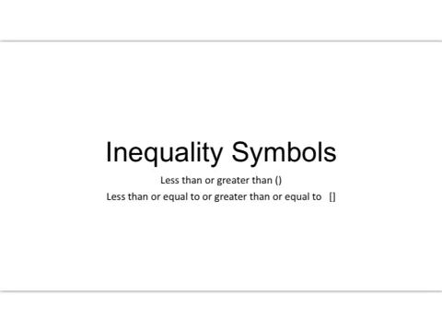When we're graphing less than or greater than, instead of using the open circle, we will be using the parentheses. Next, when we're graphing less than or equal to or greater than or equal to, instead of using the closed circle, we'll be using the brackets. Throughout this video, you will see examples utilizing these symbols.